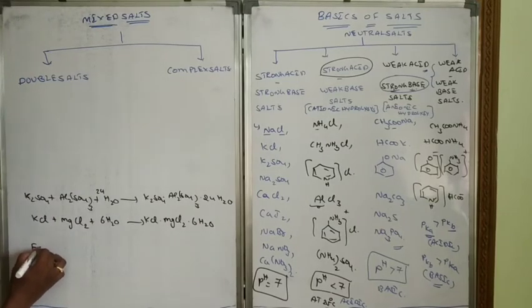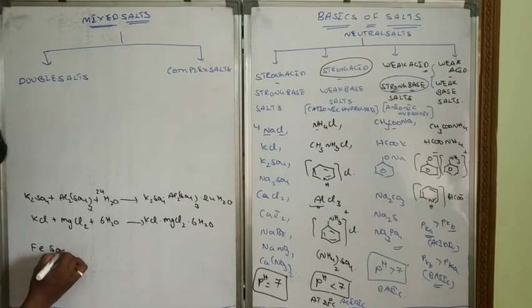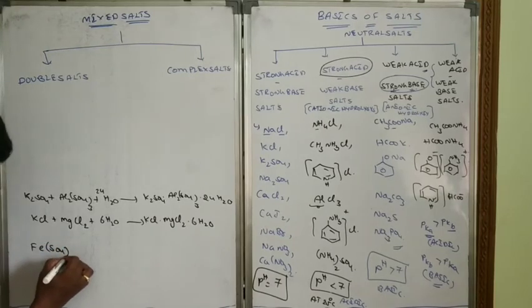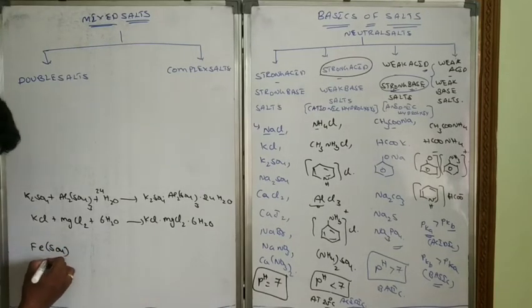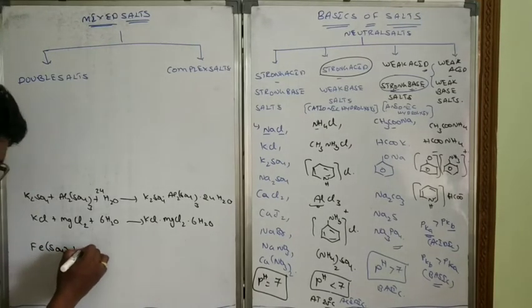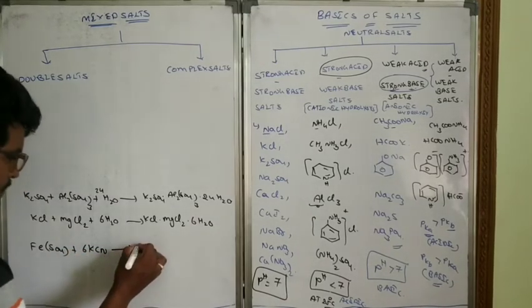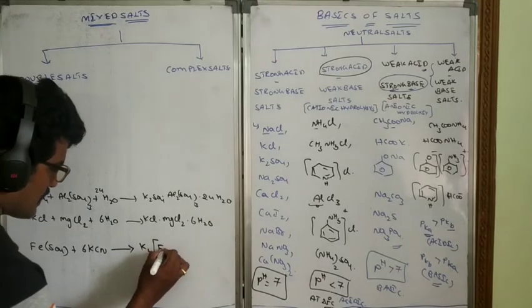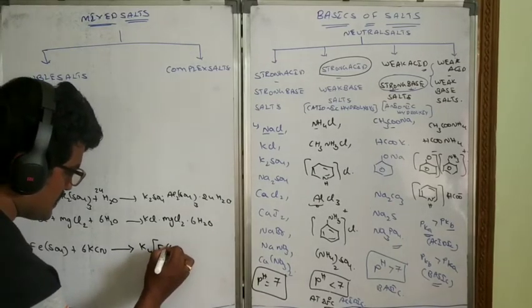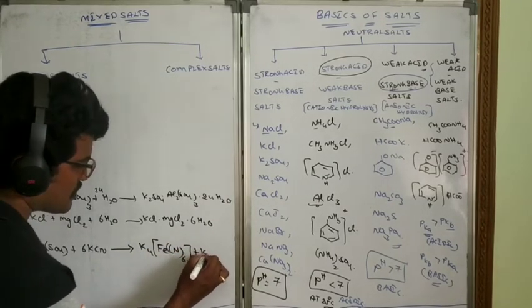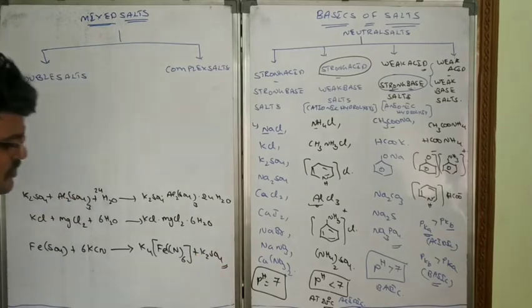Next, FeSO4 plus 6 KCN gives K4[Fe(CN)6] plus K2SO4.